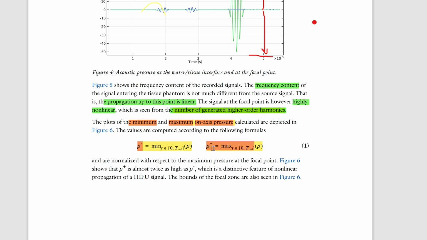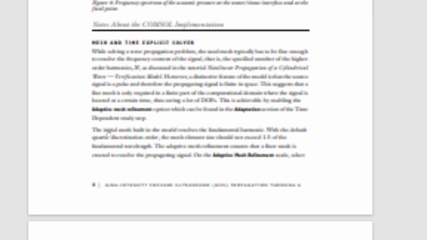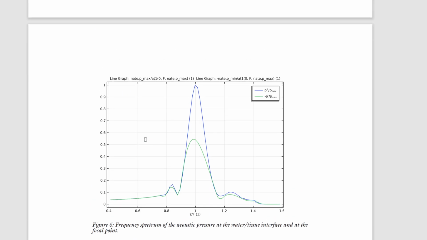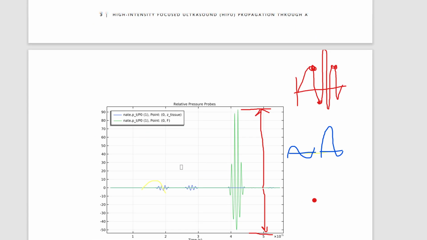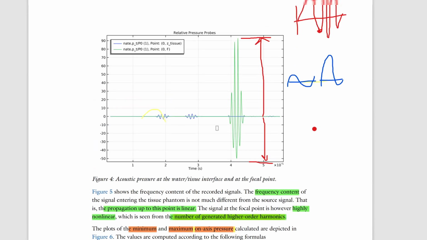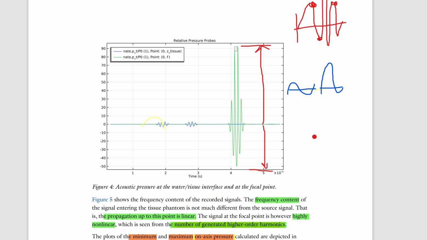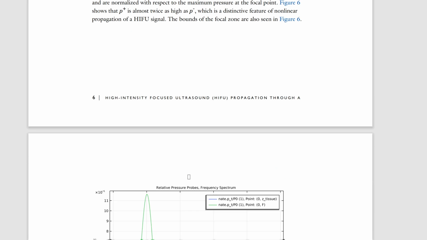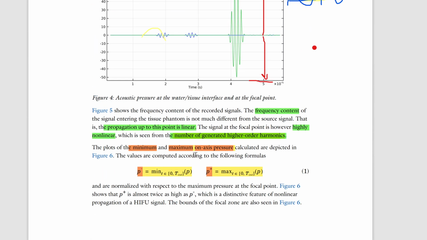Maximum of this. Not feeling too certain about it, but let's look at Figure 6. Okay, P maximum. Oh, I think I'm getting this now. Is it this guy, or is it with our Fourier? No, it's this guy. So, for positives and negatives, minimums and maximums.